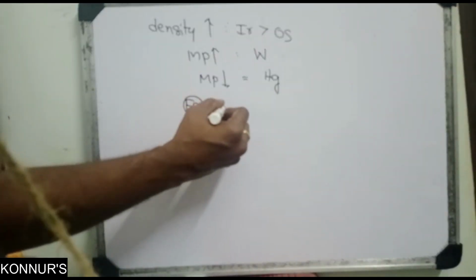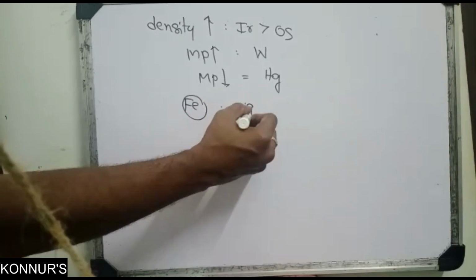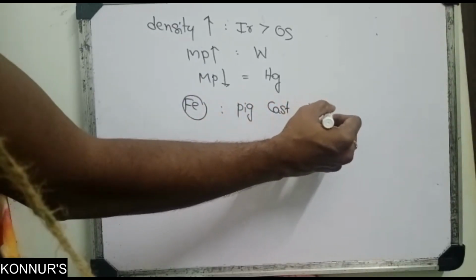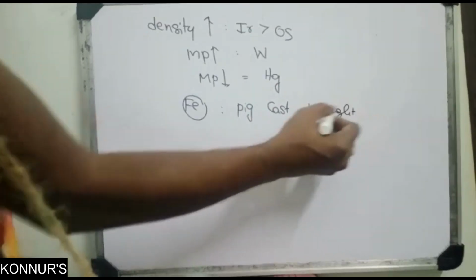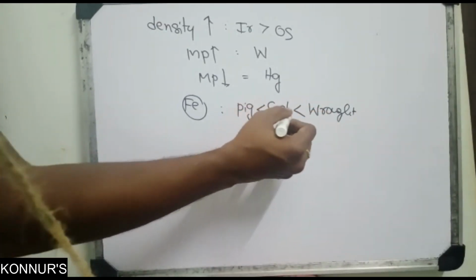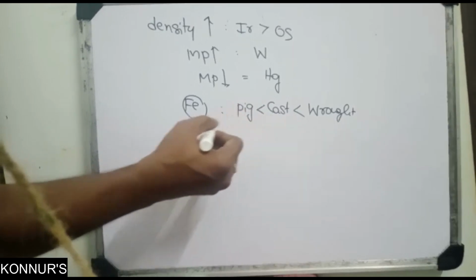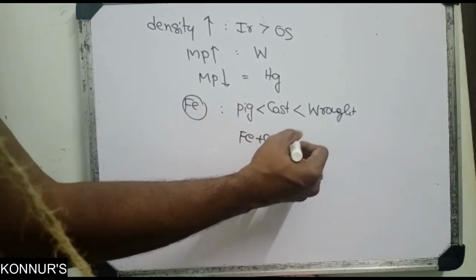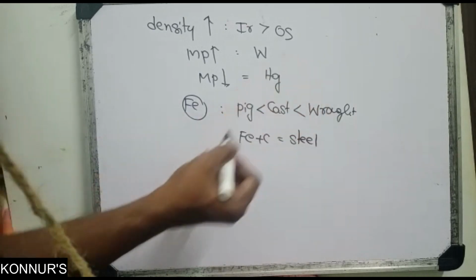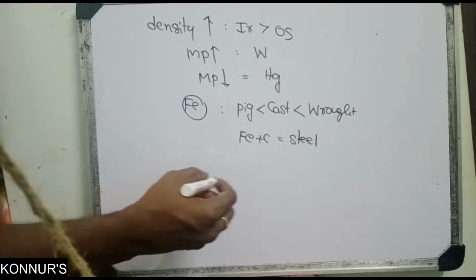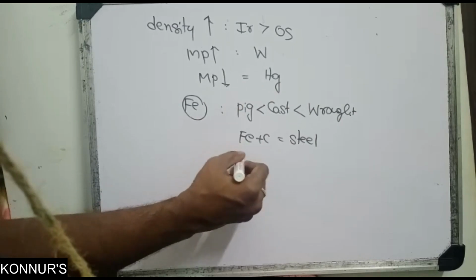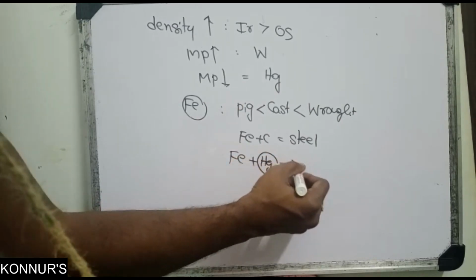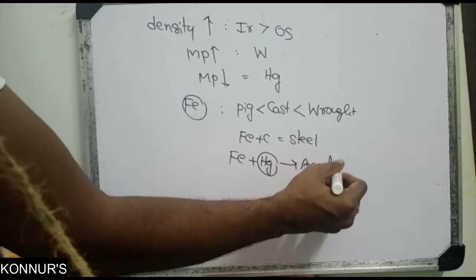Iron is available as pig iron, cast iron, and wrought iron. Wrought is pure. Cast is impure. Pig form. Iron combining with carbon, you call steel. Next, iron does not combine with mercury, so it does not form an amalgam.